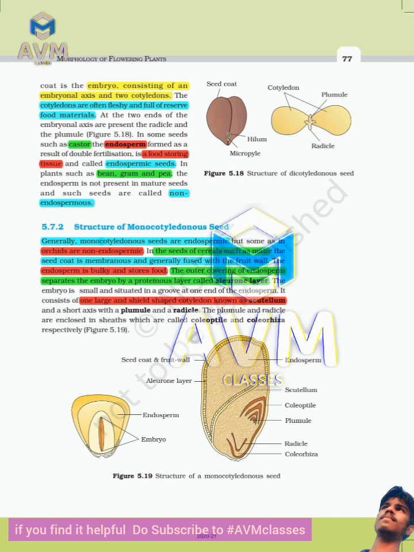At the two ends of the embryonal axis are present the radicle and the plumule. In some seeds, such as castor, the endosperm formed as a result of double fertilization is a food-storing tissue. In plants such as bean, gram and pea, the endosperm is not present in mature seeds and such seeds are called non-endospermous.